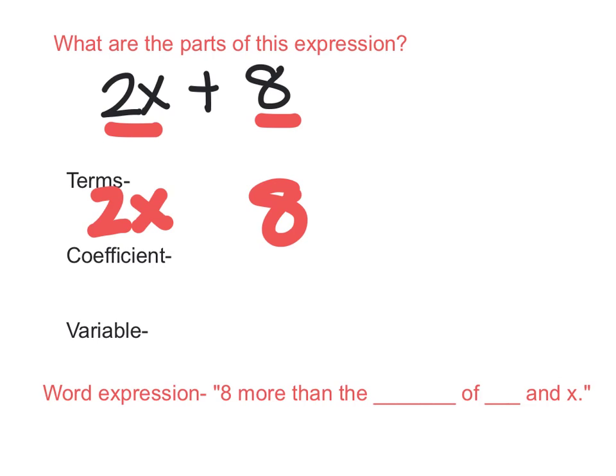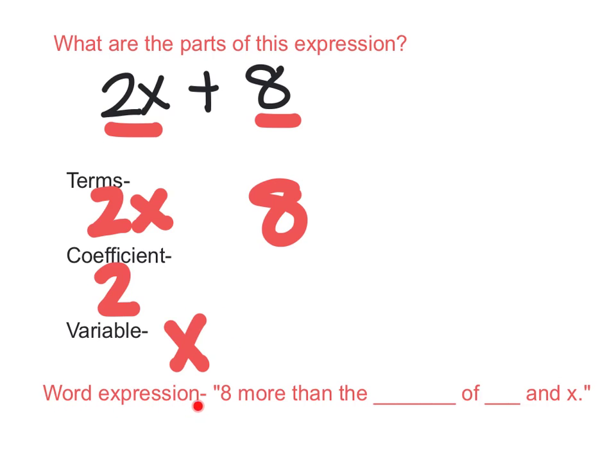Our coefficient is the number multiplied by our variable, and we only have one variable in here, which is the letter x. So I'm going to go ahead and fill in my variable, and x is being multiplied by our coefficient, which in this case is 2. Okay, so I have 2x plus 8, and that gives me 2x and 8 as terms. 2 is a coefficient, and x is a variable.